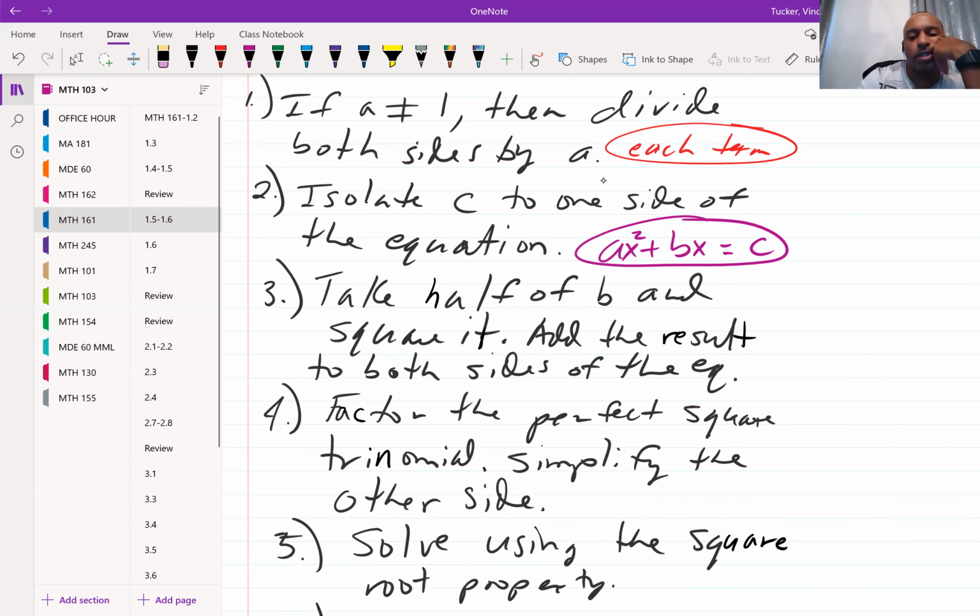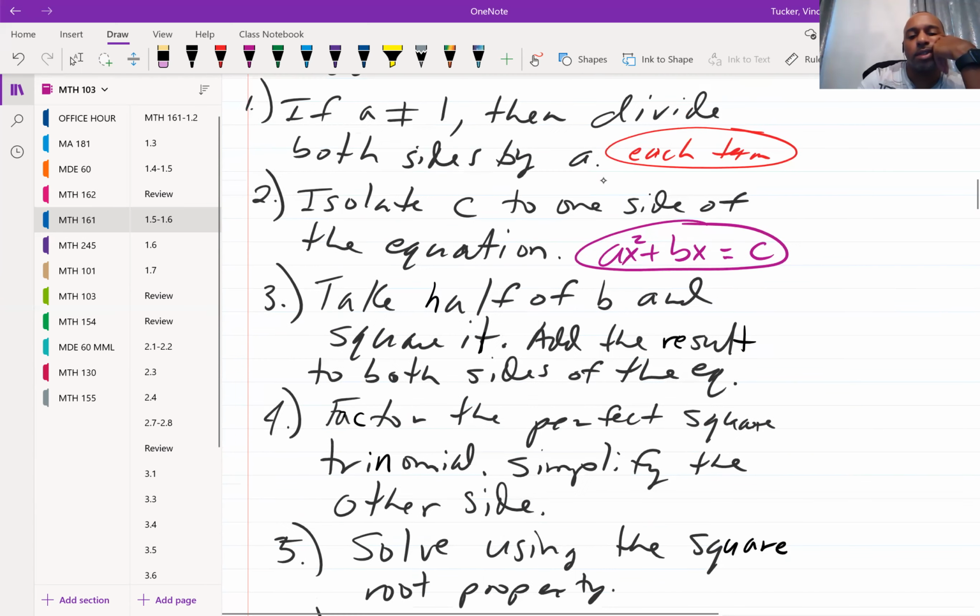Yep, so step 5 says solve using the square root property. And step 6 is just check.